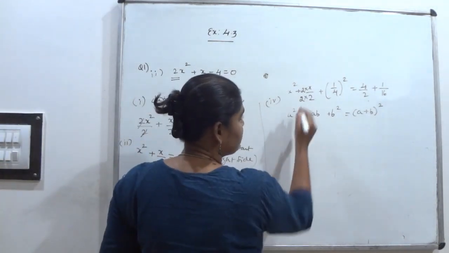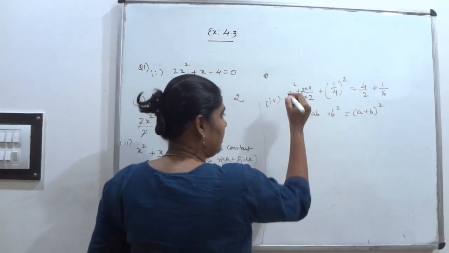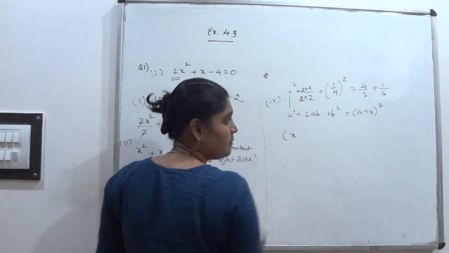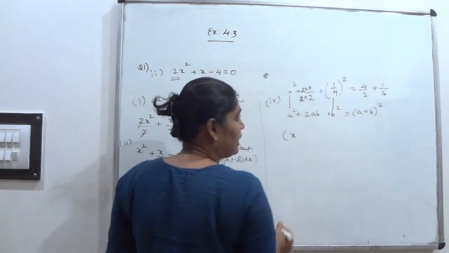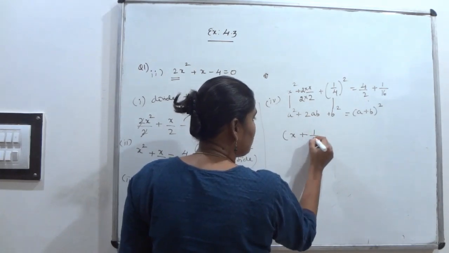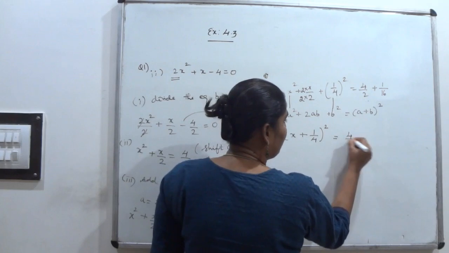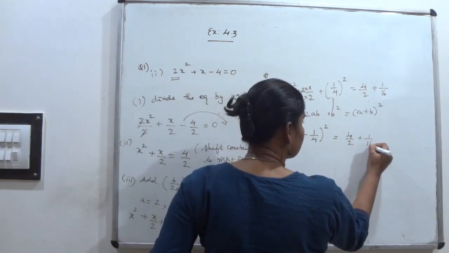So here I am going to change the left hand side in the form of a plus b the whole square. Here a value what I have taken as x. The b value what I have taken as 1 by 4. So a plus b, that is x plus 1 by 4 the whole square, which is equal to 4 by 2 plus 1 by 16.